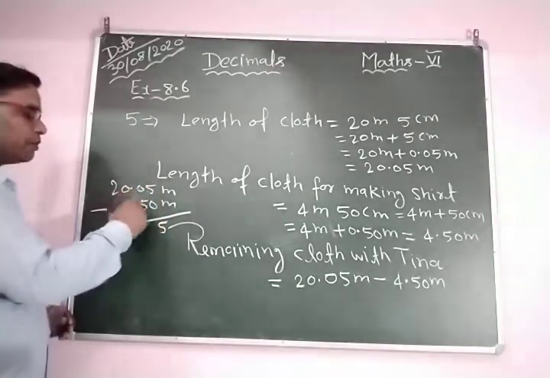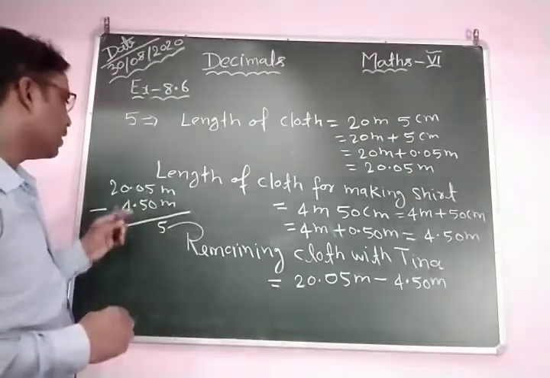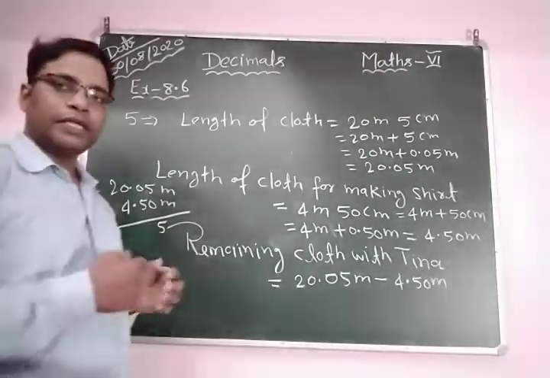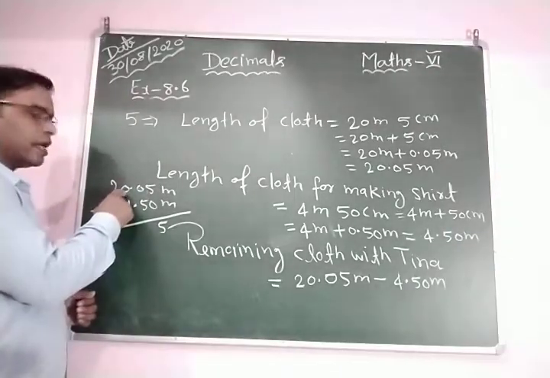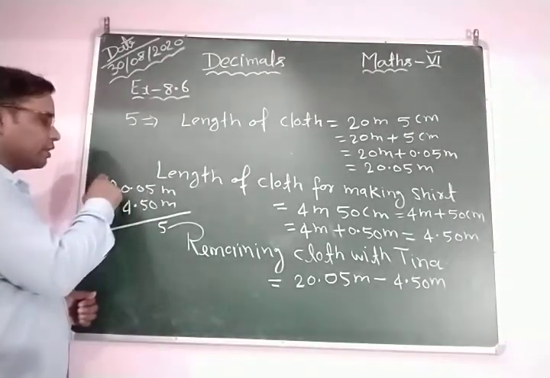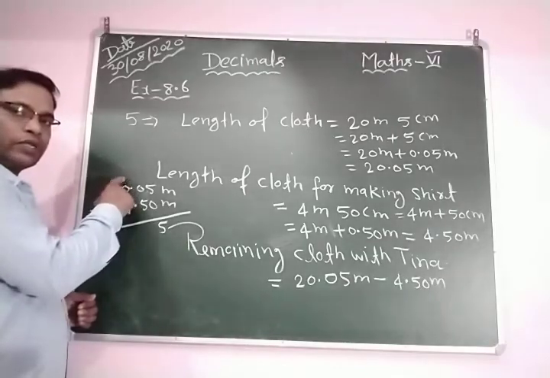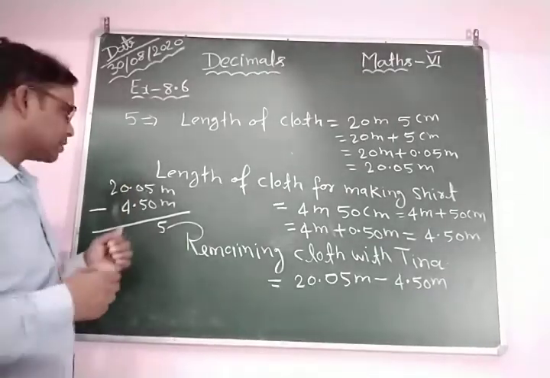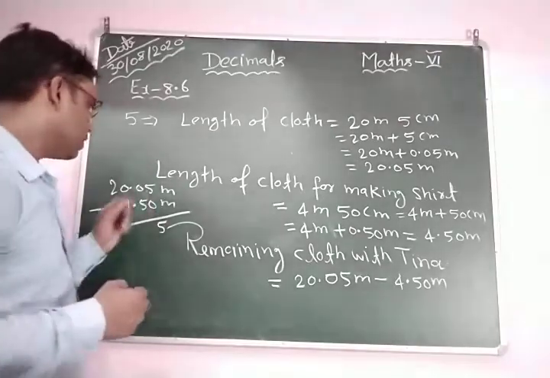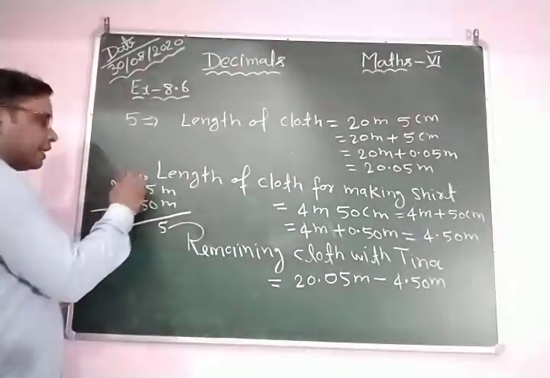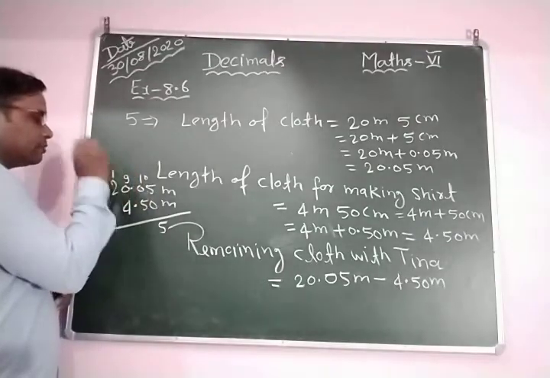Here 0 minus 5 is not possible, so we take 1 carry from the next digit. The next digit is 0, so again we take 1 carry from the next digit. Giving 1 carry to 0, it becomes 10, and again this 10 gives 1 carry to this 0, so this becomes 10, this becomes 9, and this becomes 1.